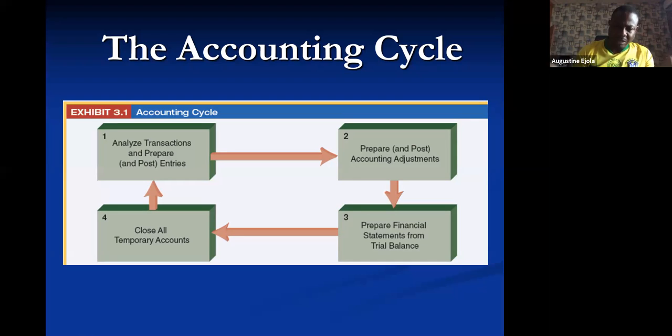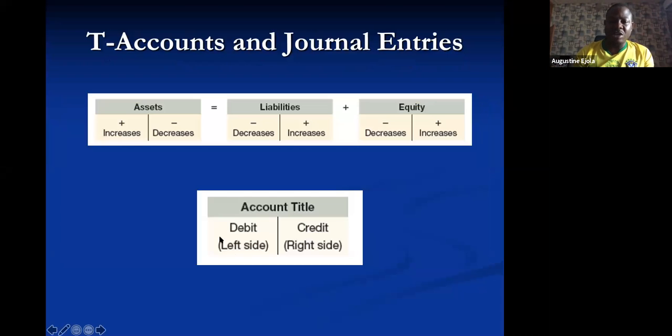And we total the two sides. When they add up together, what we typically call that is the trial balance. So the trial balance is an extraction of all the balances that you have in your ledger. And the idea of preparing a trial balance is just to help you check whether your accounts are balanced.